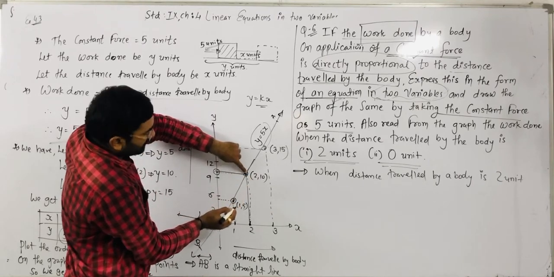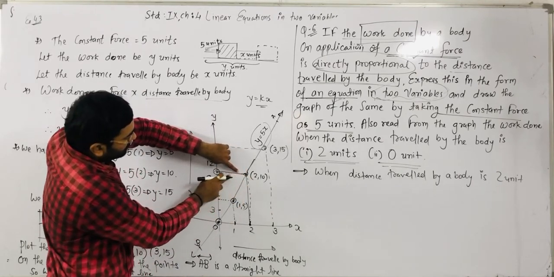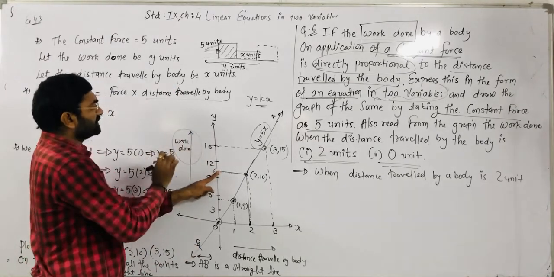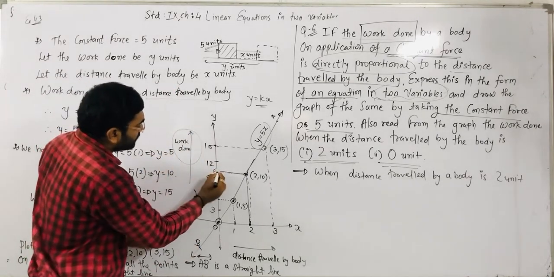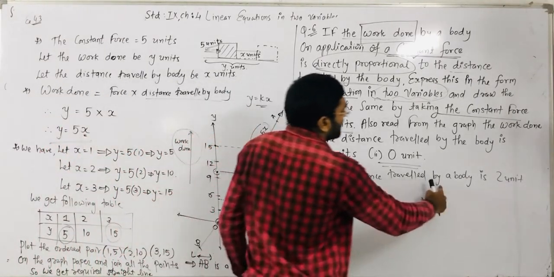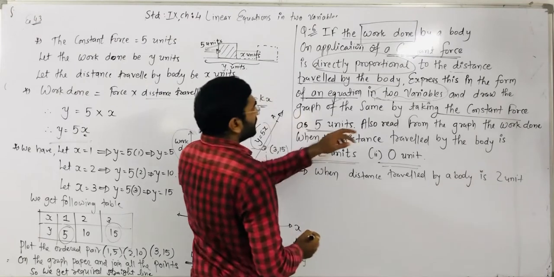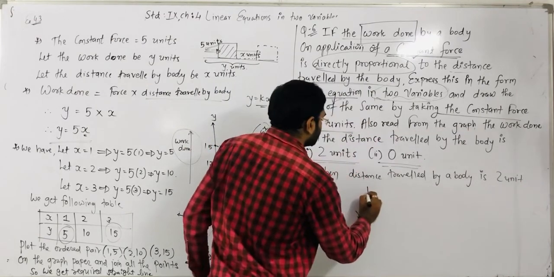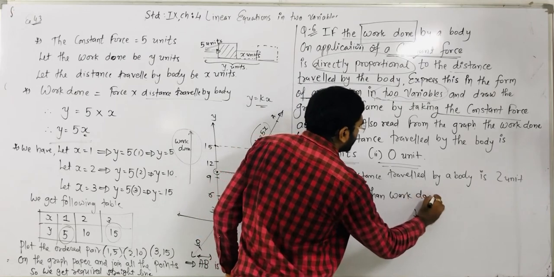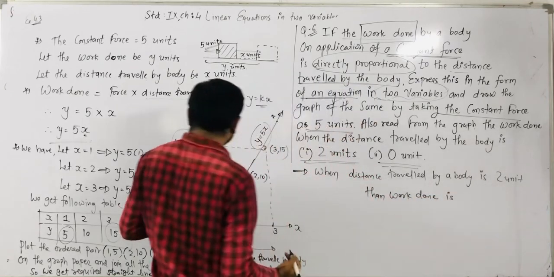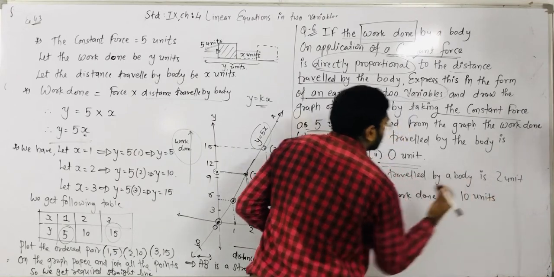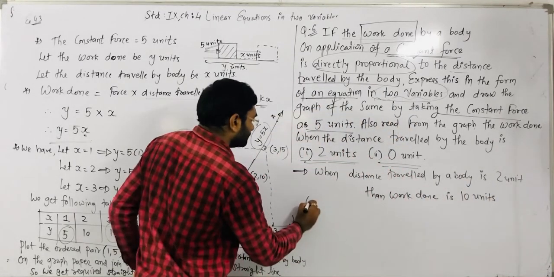And from this point we draw the perpendicular line on the y-axis, where the y-axis represents the work done. So we get that point as 10, right? So that's why we can say when the distance traveled by a body is 2 unit, then the work done is 10 units. Right.